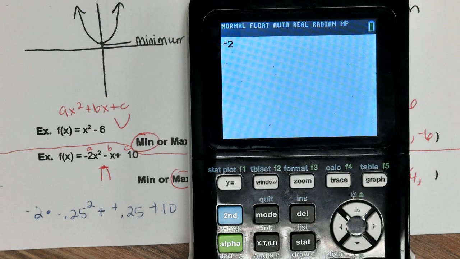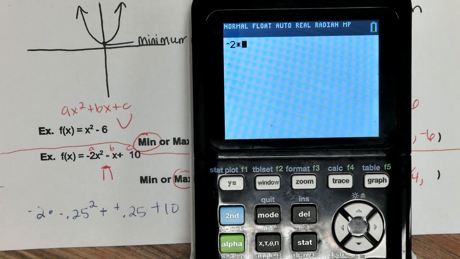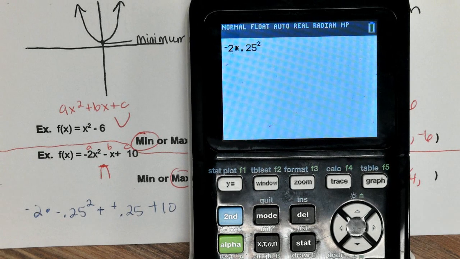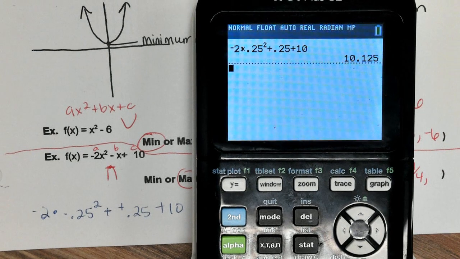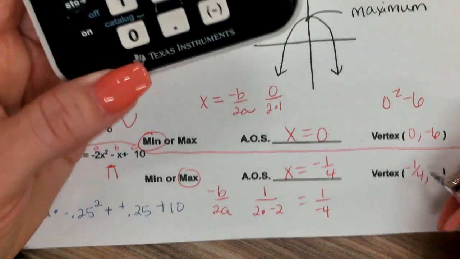So I have negative 2 times, and I'm going to go ahead and call this a positive because it's squared. And there's my answer, 10.125.